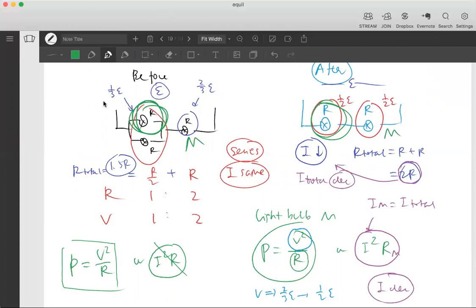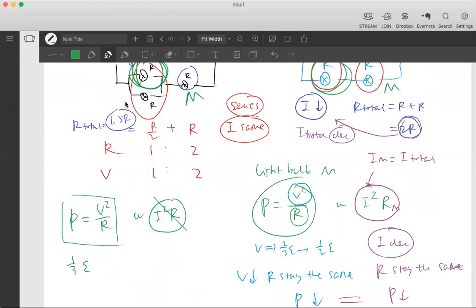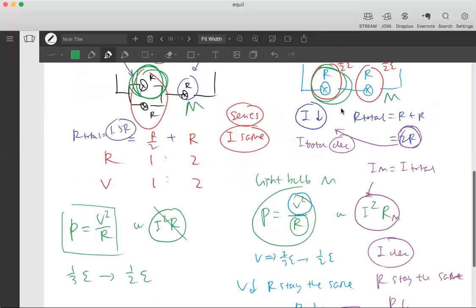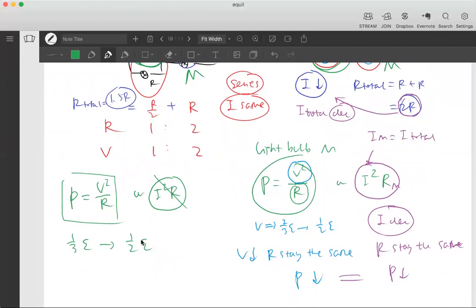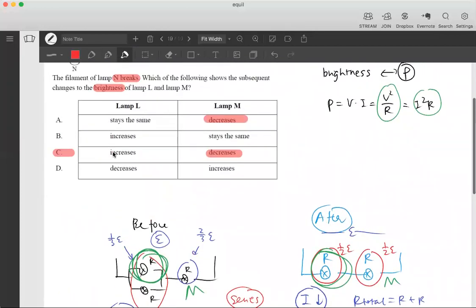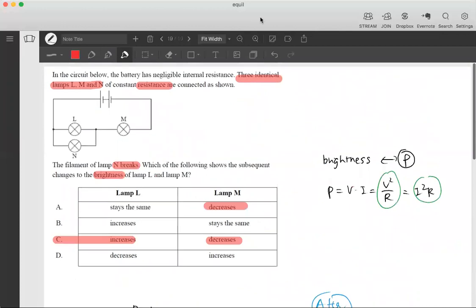Before, the voltage is a third of the EMF, and now it goes to a half. So the voltage dramatically increases, R stays the same, therefore power is going to increase. If power increases, light bulb L becomes brighter. So the brightness of L will increase. We choose C for this question.